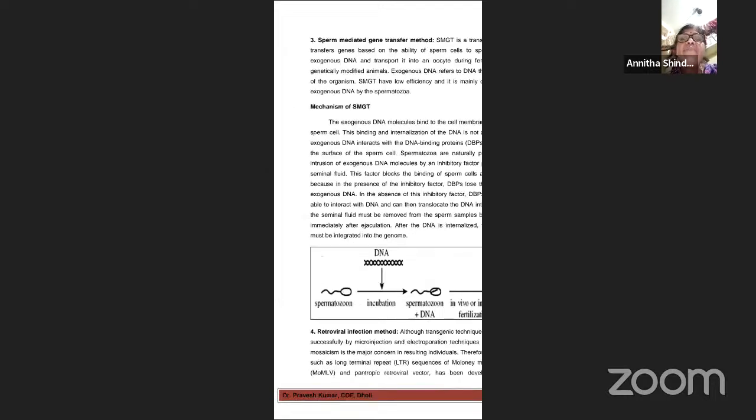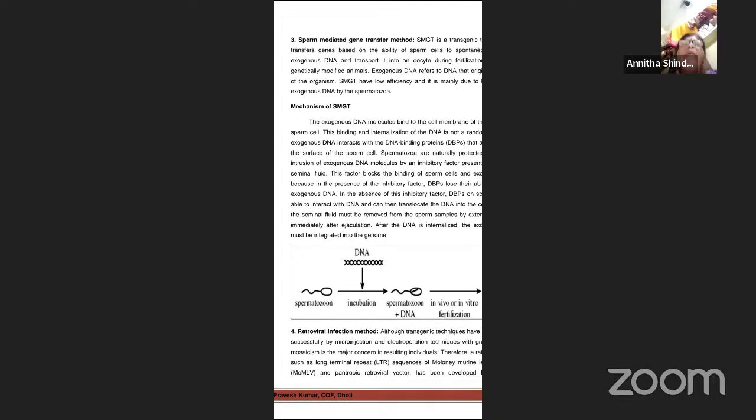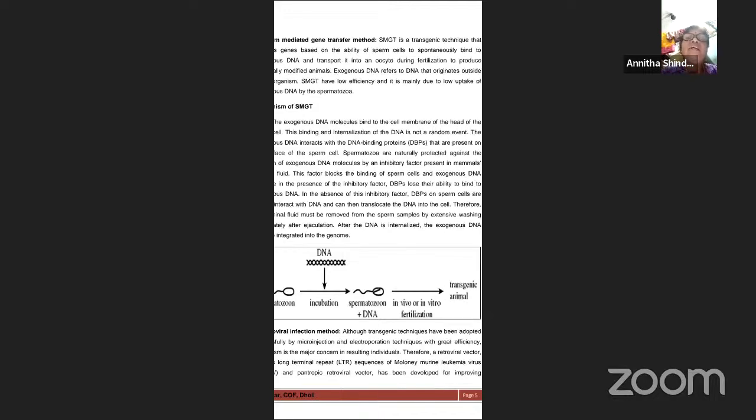So this particular technique has low efficiency, and it is mainly due to low uptake of exogenous DNA by the spermatozoa. No doubt it will produce genetically modified animals, but the exogenous DNA, which is present outside the organism, is taken up poorly.